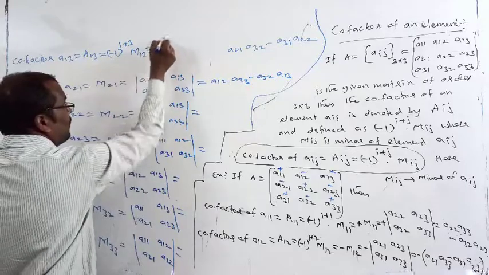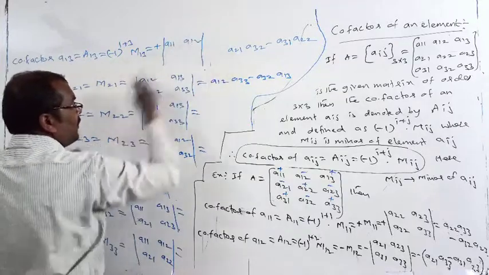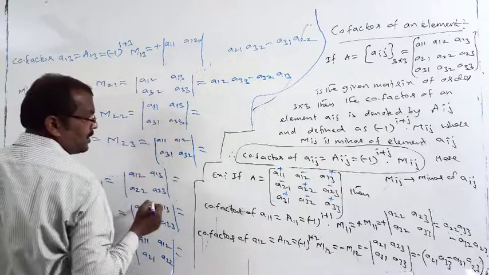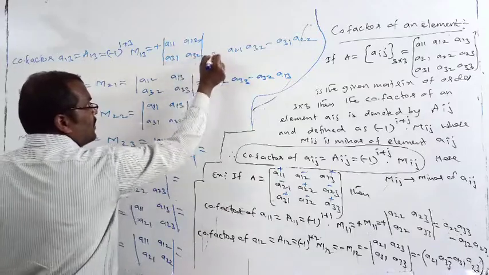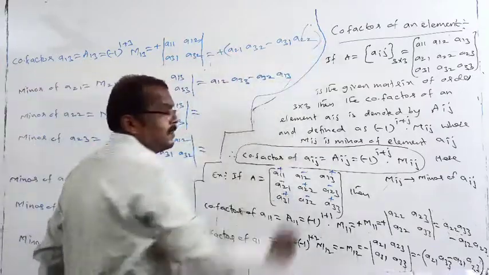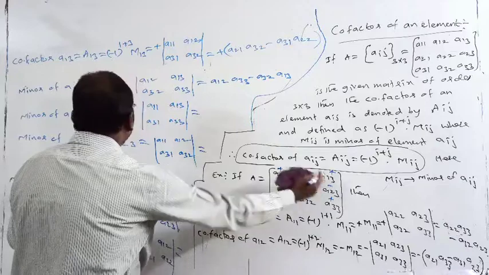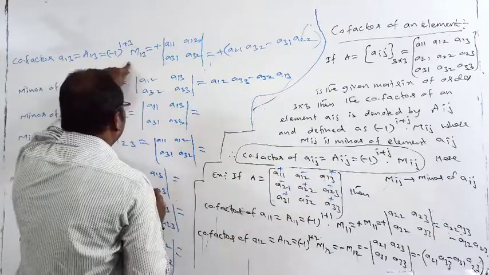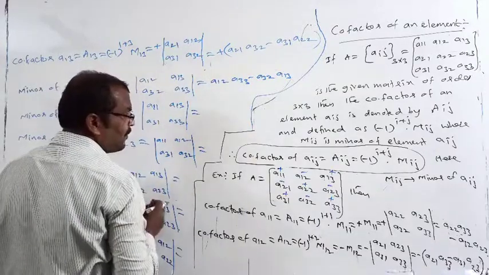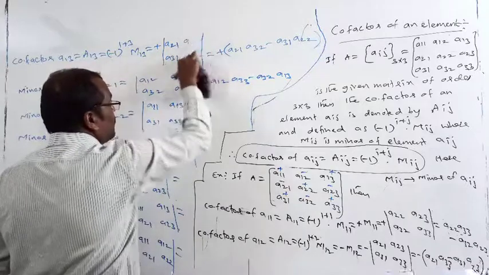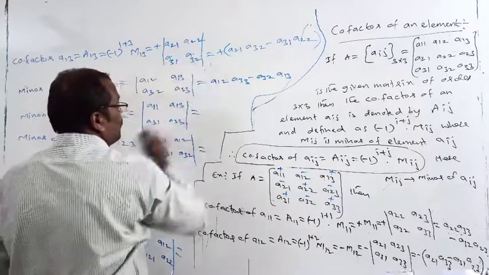M13 is plus of A21, A22, next A31, A32. It is the same answer, plus of.